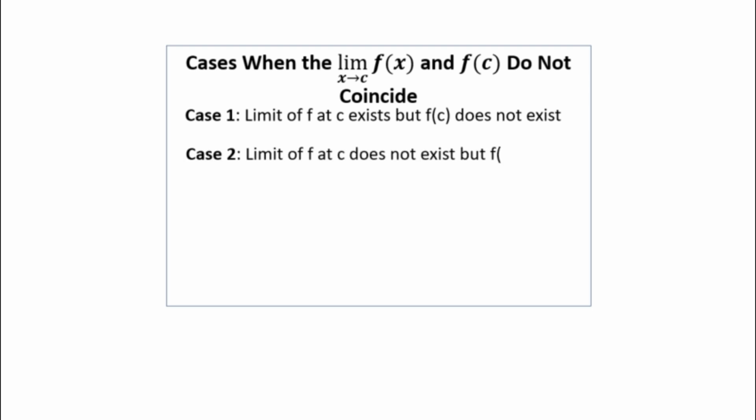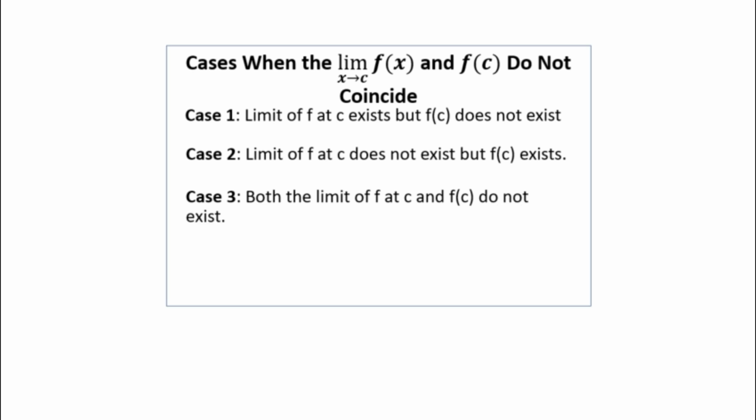Case 2: f of c exists, but the limit of f at c does not exist. Case 3: both f of c and the limit of f at c do not exist. And the last one, the fourth case, happens when the limit of f at c exists and f of c also exists, but they are not equal. Now, let us see.